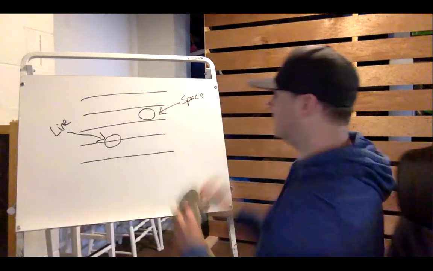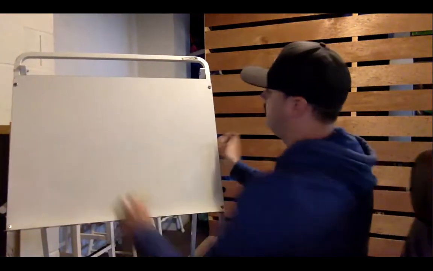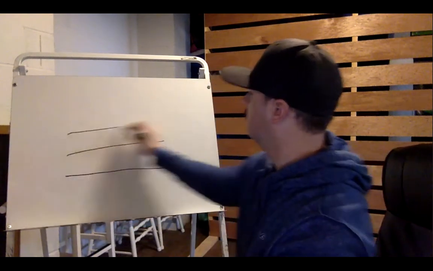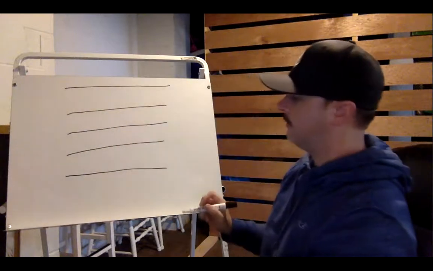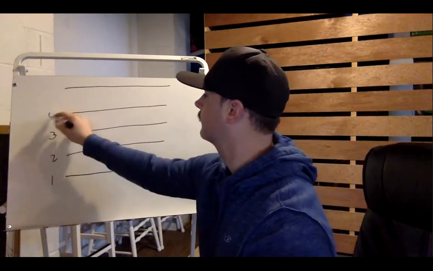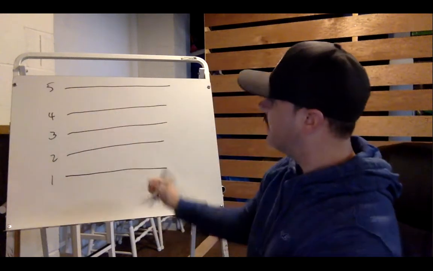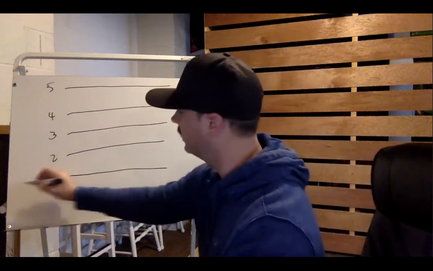So the next thing that it shows you on the worksheet is whether a note is going to be higher or lower. Okay, remember our numbers. So we start from the bottom. Okay, those are the line numbers. If you're towards the bottom, it's going to be a lower note.